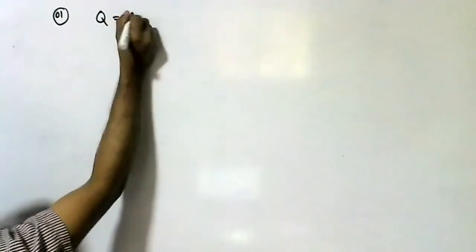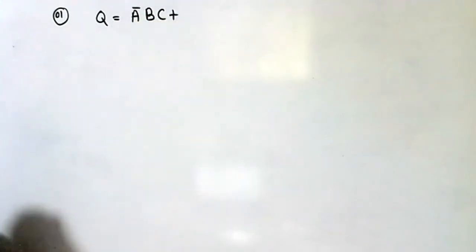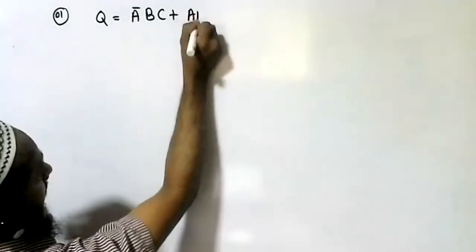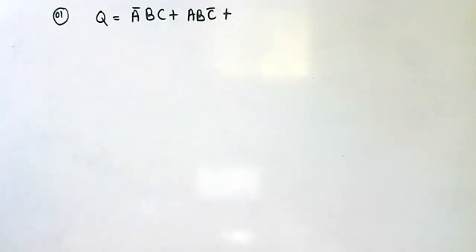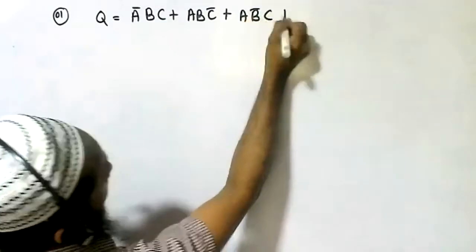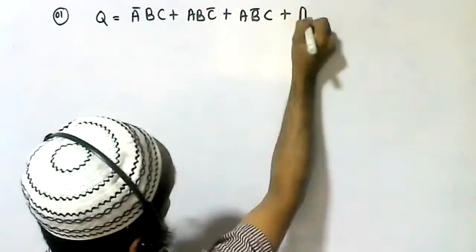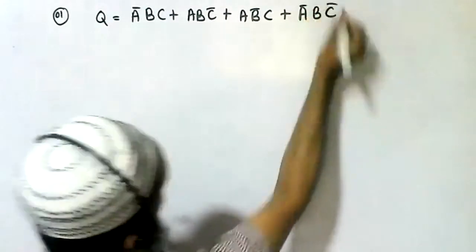Q equals A bar BC plus ABC bar plus AB bar C plus A bar BC bar.